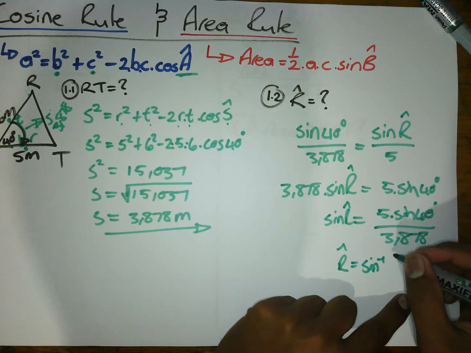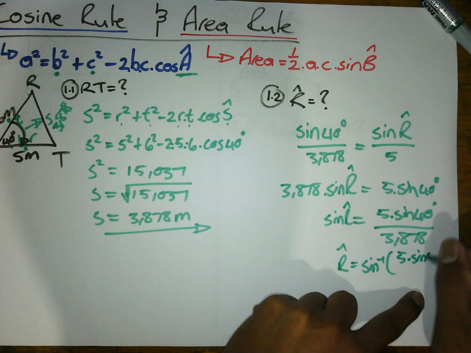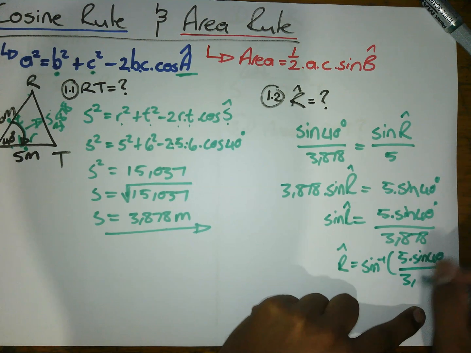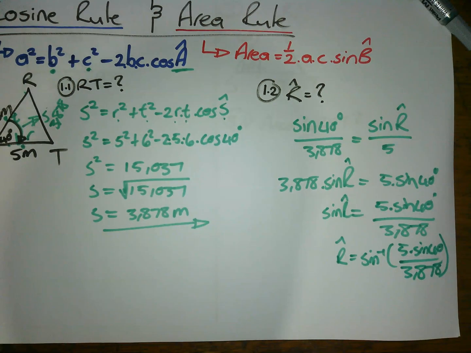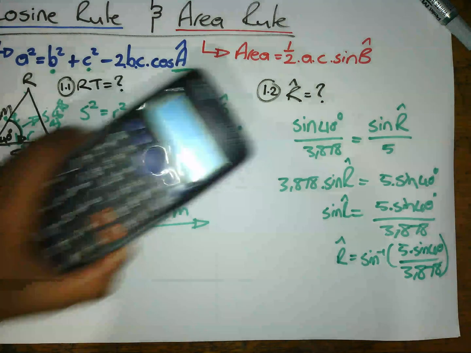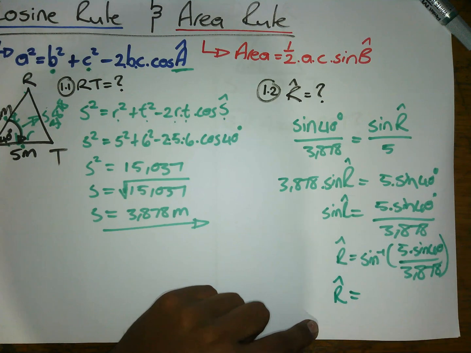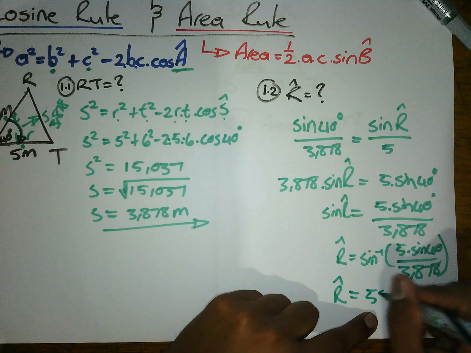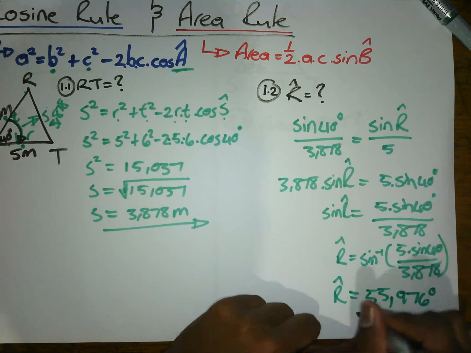This whole equation is 5 times sin 40 over 3,878. Then I put it into my calculator, and my angle R is 55,976 degrees.